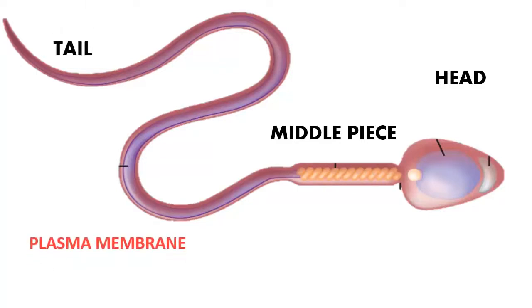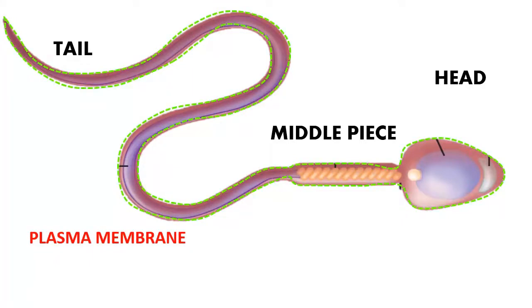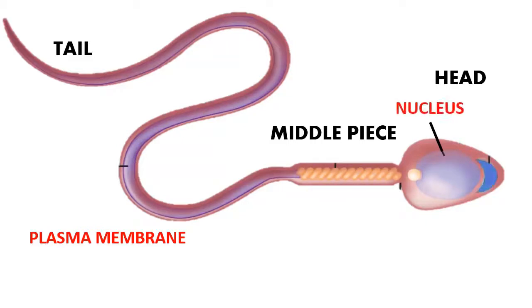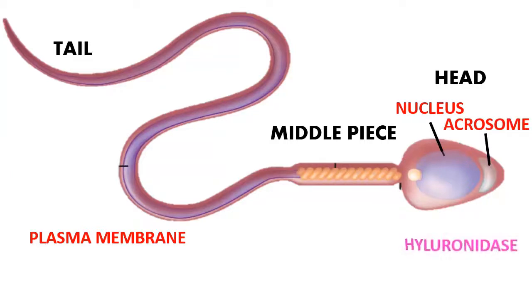A plasma membrane envelops the whole body of the sperm. The sperm head contains an elongated haploid nucleus, the anterior portion of which is covered by a cap-like structure called the acrosome. The acrosome is filled with an enzyme called hyaluronidase that helps the sperm to enter the ovum.